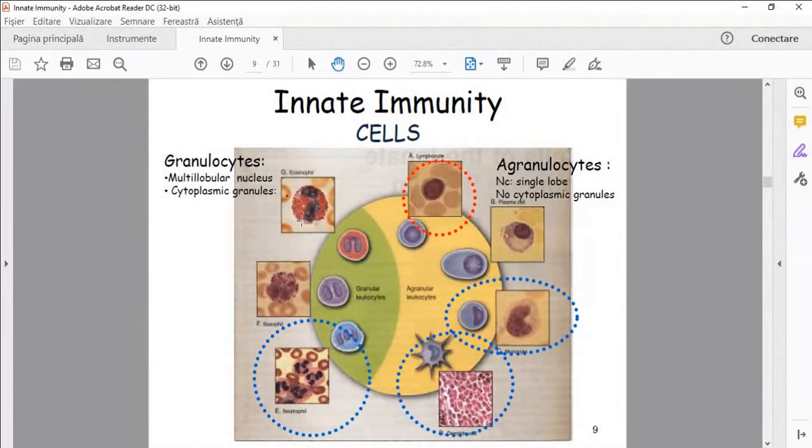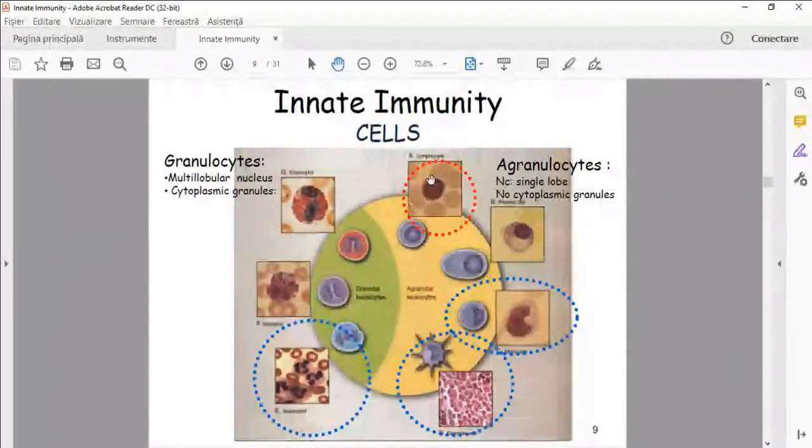The eosinophils intervene in allergic reactions, as well as basophils and mast cells, due to their content of vasoreactive amines. The best known is histamine. Also, you should keep in mind that the physiological role of eosinophils is anti-helminthic defense.